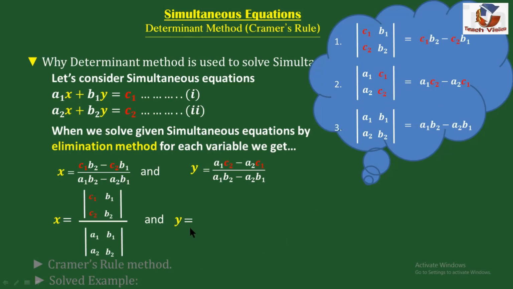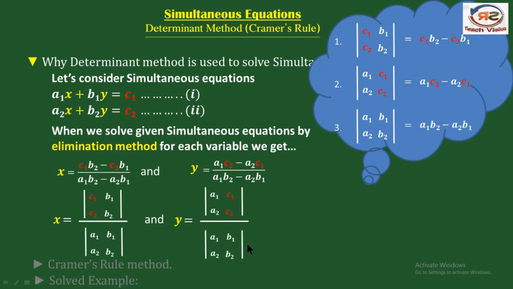Therefore, value of y is equal to, the numerator is the given determinant, divided by, observe the denominator of value of y variable, which is a1b2 minus a2b1, which is again same as this value. It means again we can replace this value with this determinant. Therefore, the denominator of the value of y variable is given determinant.